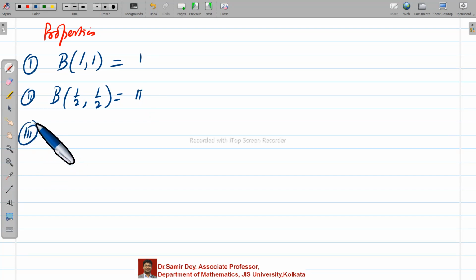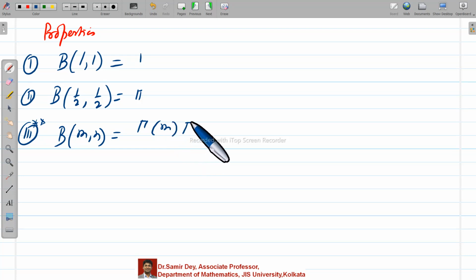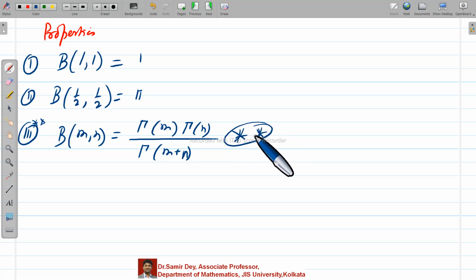Another most important result: B(m, n) equals gamma m times gamma n divided by gamma (m plus n). This is the most important property between the beta function and the gamma function.